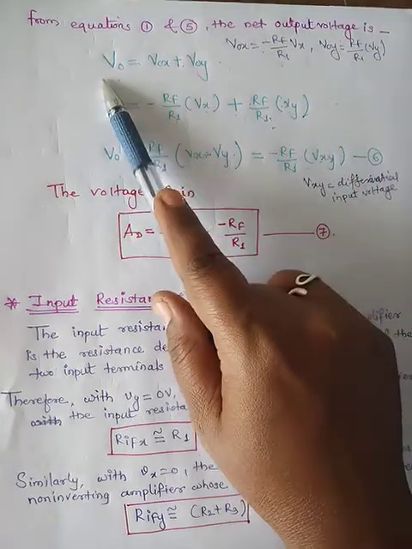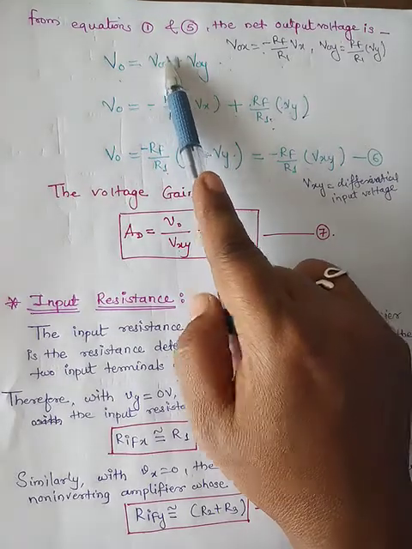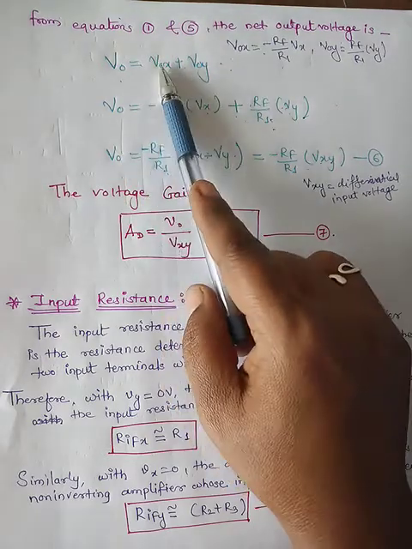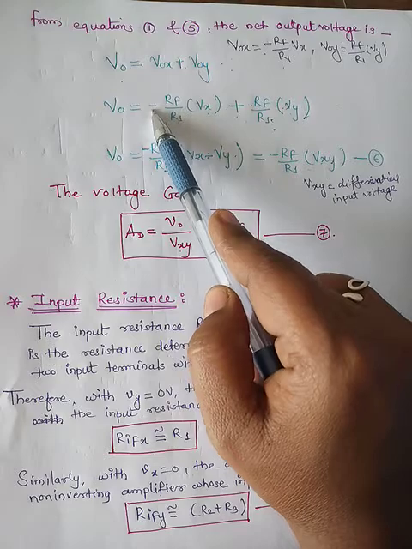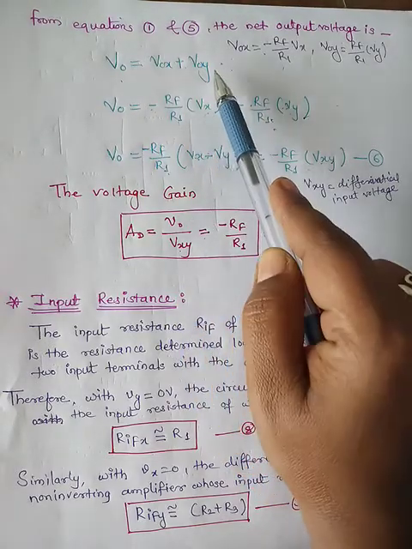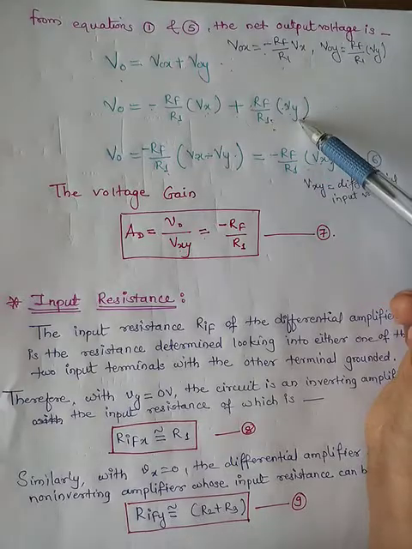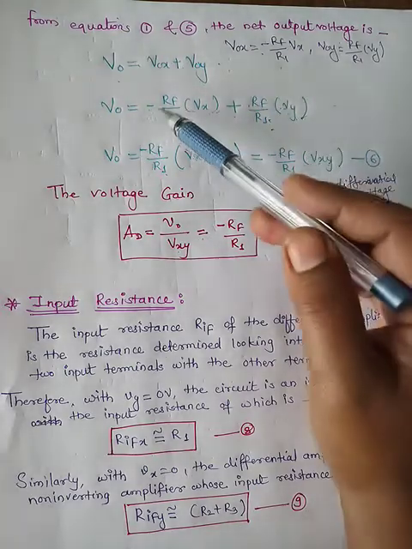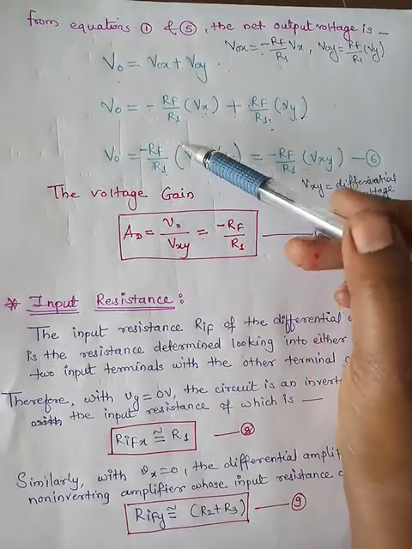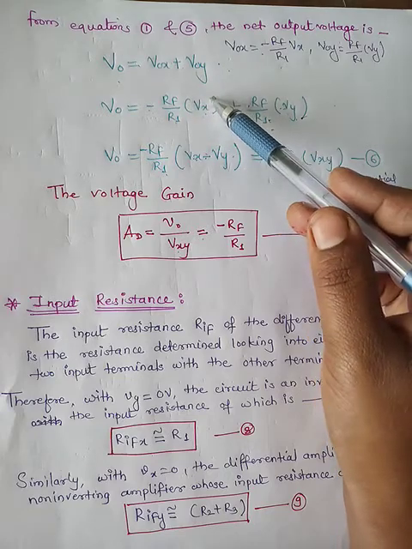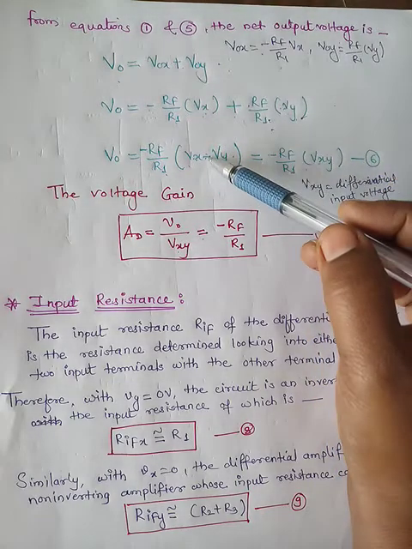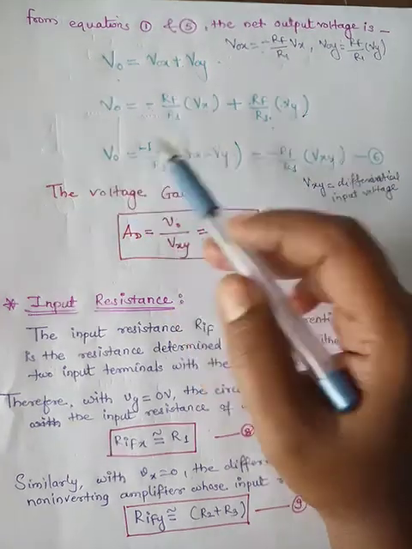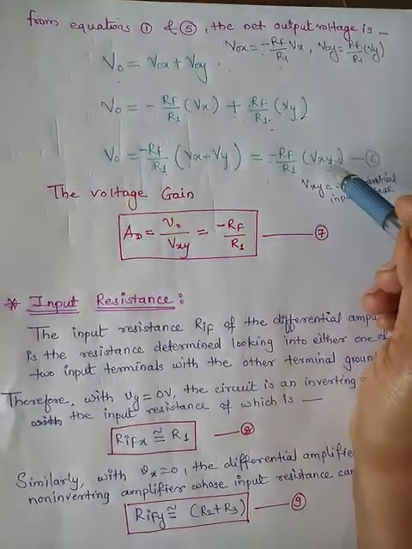The output voltage by the superposition theorem is the output voltage because of X plus the output voltage because of V of Y. So it is minus Rf by R1 into Vx plus Rf by R1 into V of Y. We can take Rf by R1 common; taking minus Rf by R1 outside, the remaining coefficient here is plus Vx, but here it is minus Vy. So the output voltage is minus Rf by R1 into bracket Vxy.